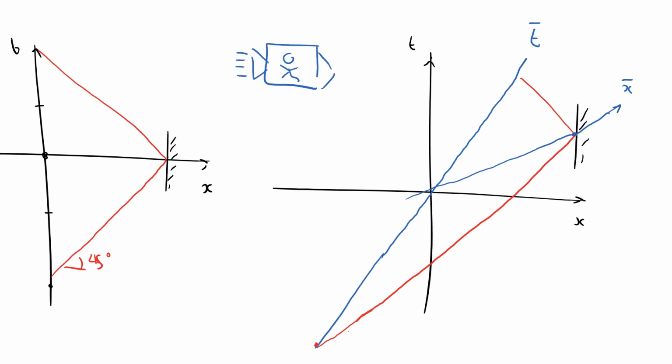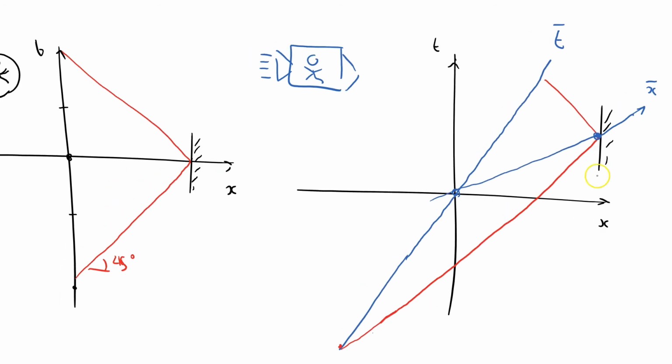So the blue person judges this event here and this event here to be simultaneous, but that's not simultaneous according to the black person here, because the line of simultaneity for the black person is, by definition, the black x-axis there. So this shows us straight away that the constancy of the speed of light tells us that we need to modify our notions of simultaneity.